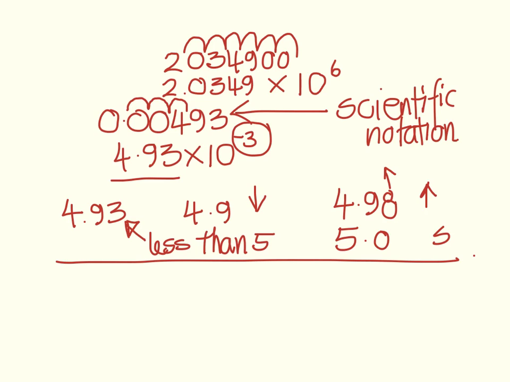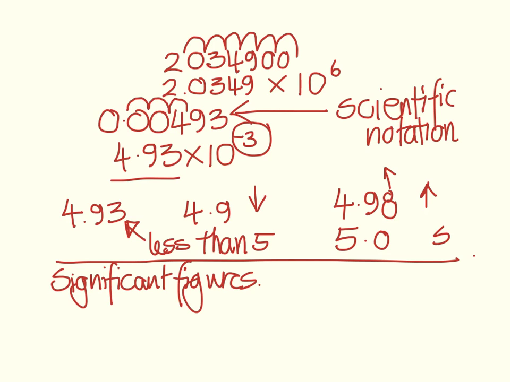When we are doing significant figures, we need to work out what the significant figures actually are. So if we use the example up at the top there, 0.03490.